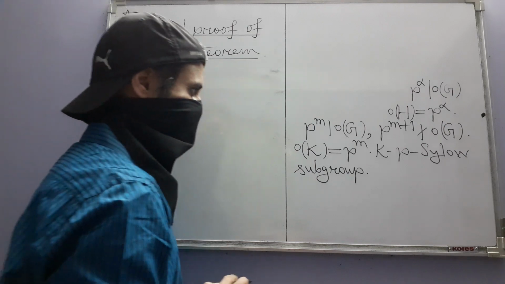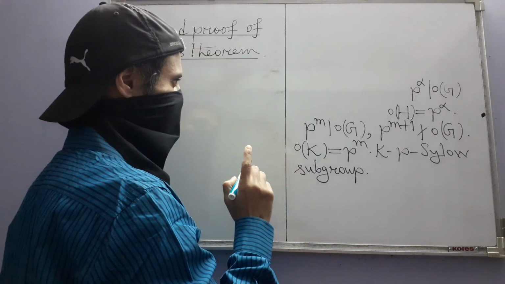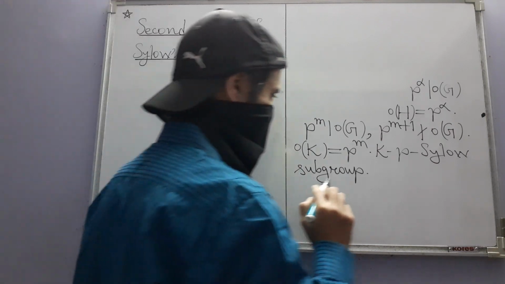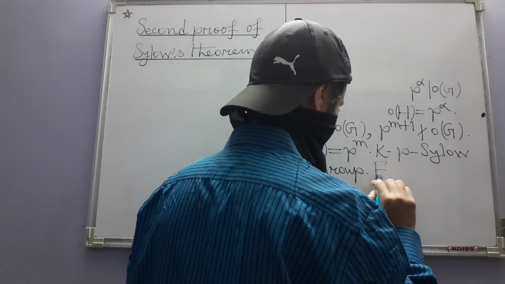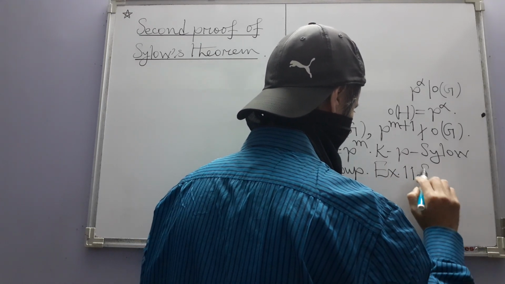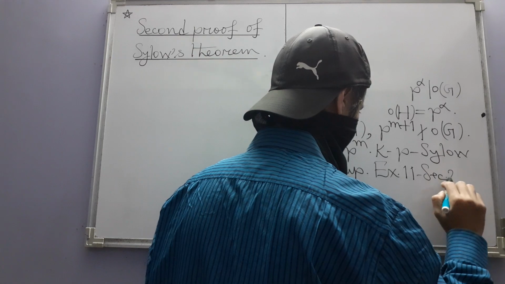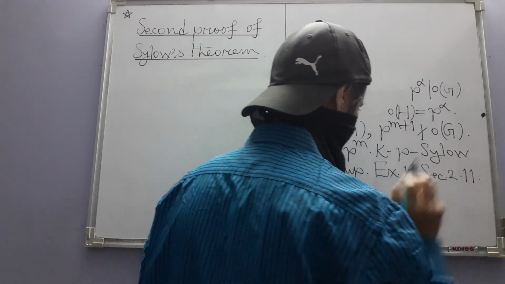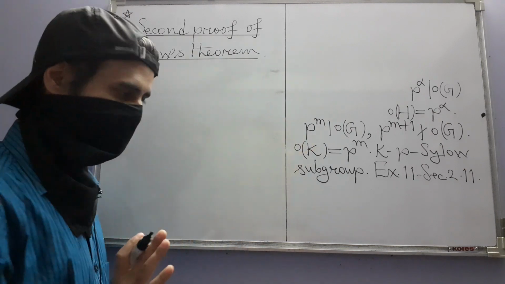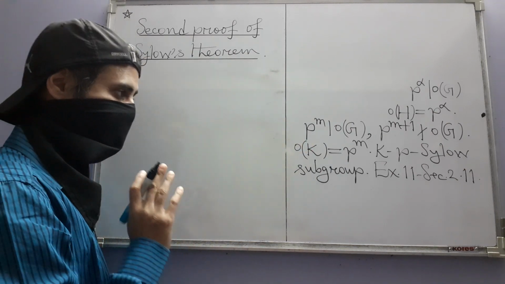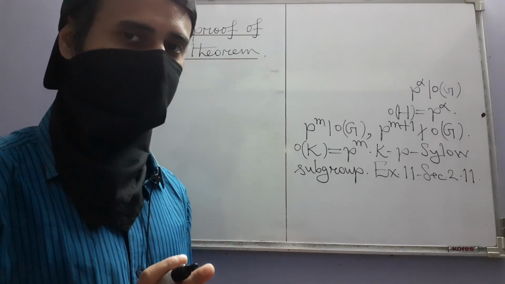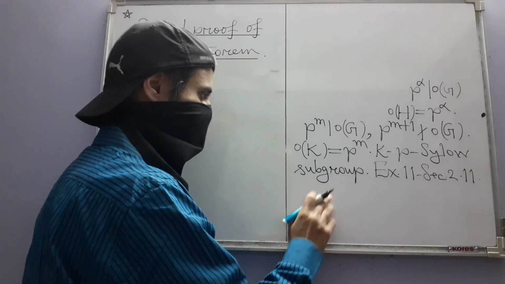But if you recall, in the previous section, we came across an exercise, Exercise 11 from the previous section, where we proved that if G has a p-Sylow subgroup, then it also has subgroups of lower prime power orders as well for that p.